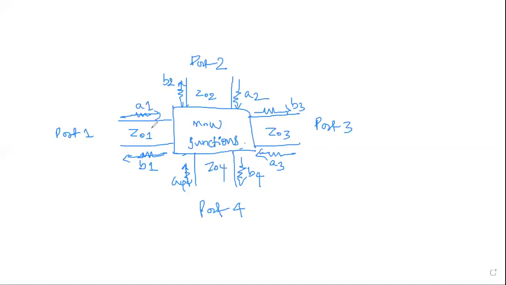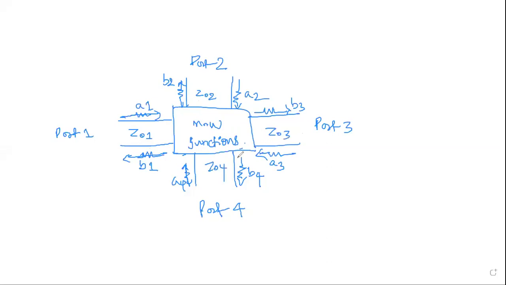When a microwave power is applied to port 1, a part of the power will come out of port 2, some power you are giving here and some are returning back. Another part comes out of port 3. Again, some are entering, some are going out of port 3.